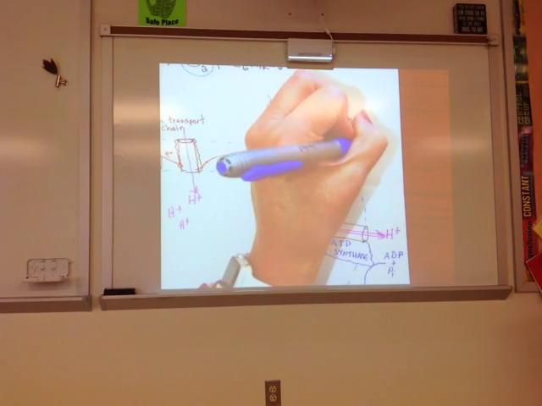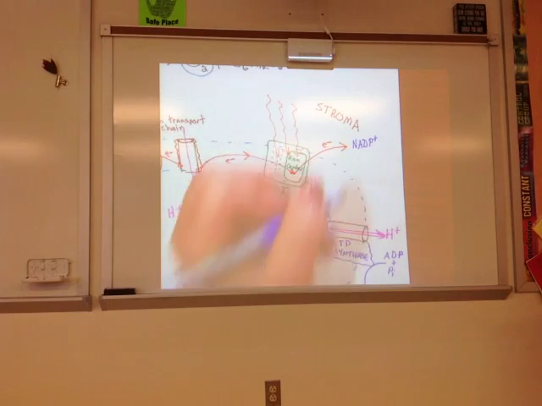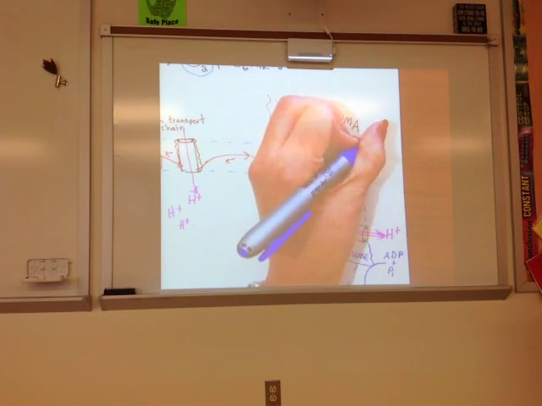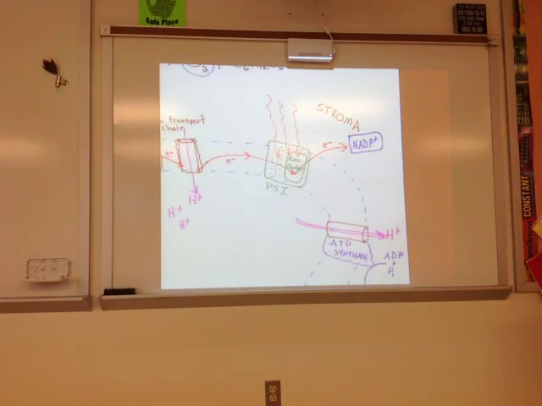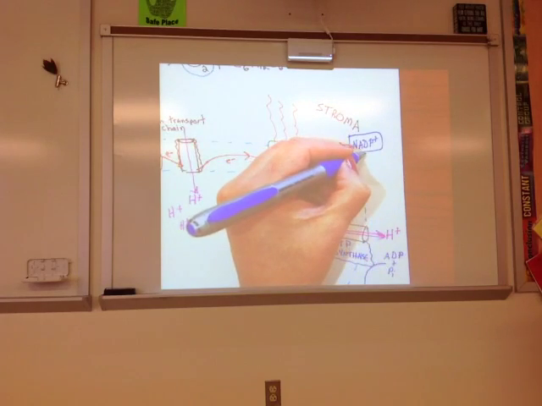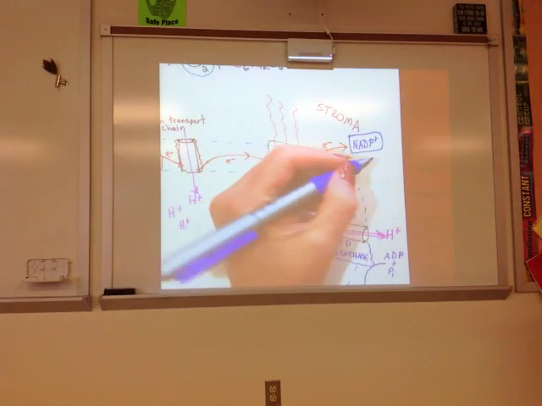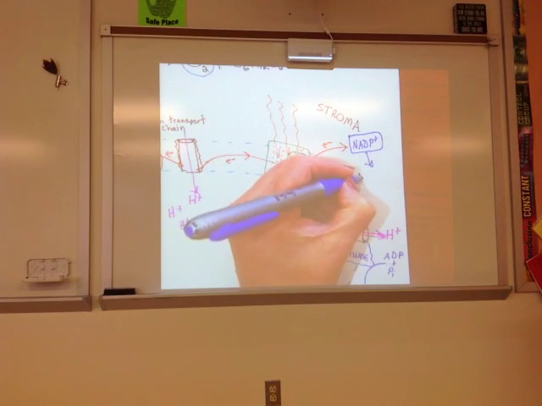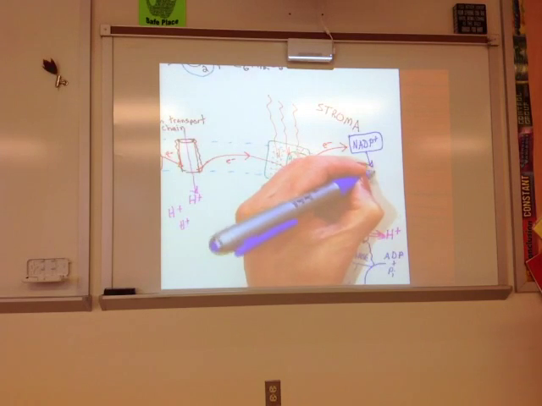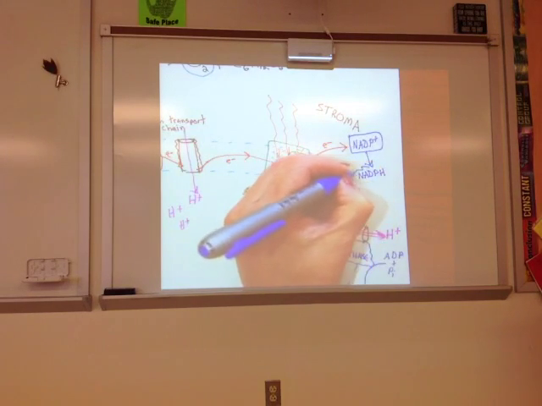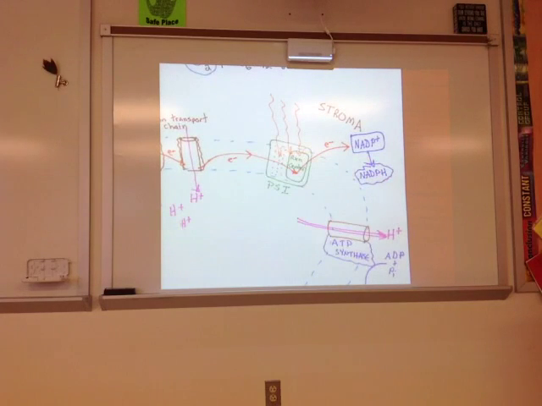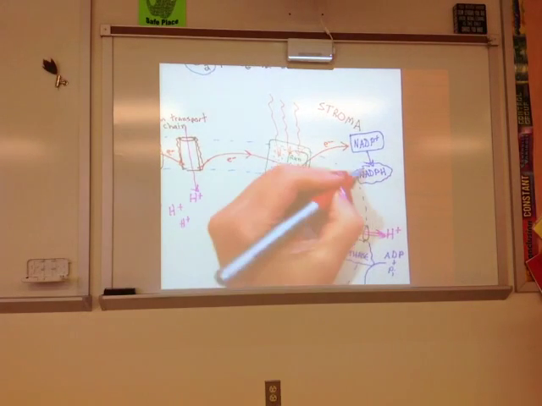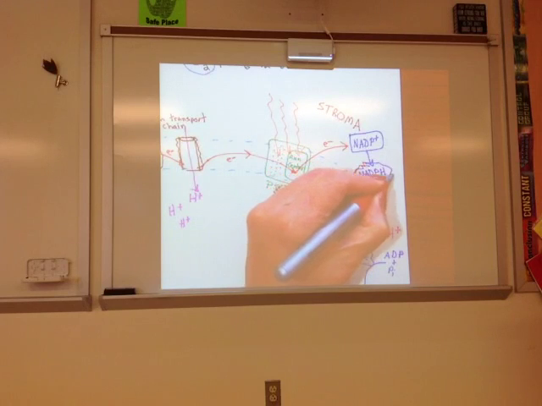So we're just going to draw, and you don't really have to know a whole lot about it other than it's called NADP+. It captures an electron, and then it will combine that electron with some hydrogen ions that are hanging around in the stroma to form NADPH, which is another energy storing molecule, energy carrying molecule, kind of like ATP is.